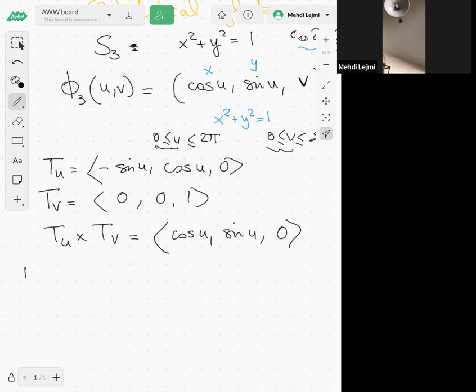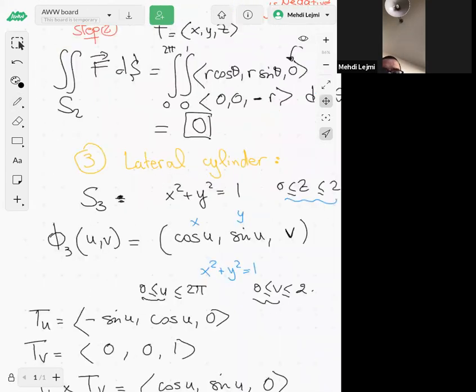So pick u equal to 0 and v equal to 0. That will be the point phi of 0, 0, which is the point 1, 0, 0.